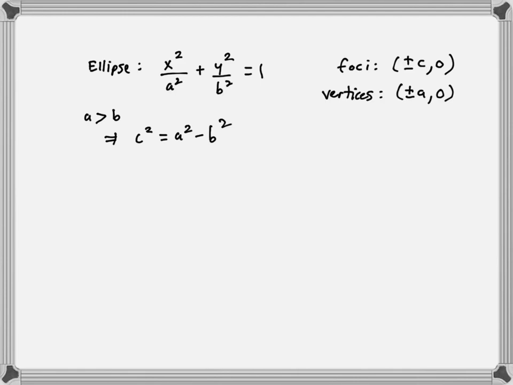So this is always going to give you your ellipse, and your ellipse is always going to look like this. So it's something like that. I'm sorry, let me fix the end part of this.